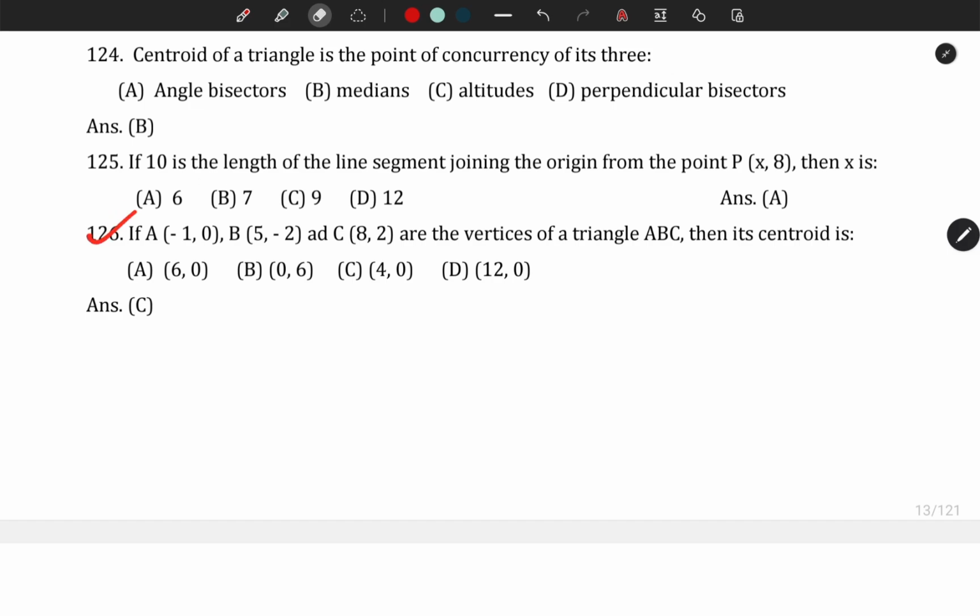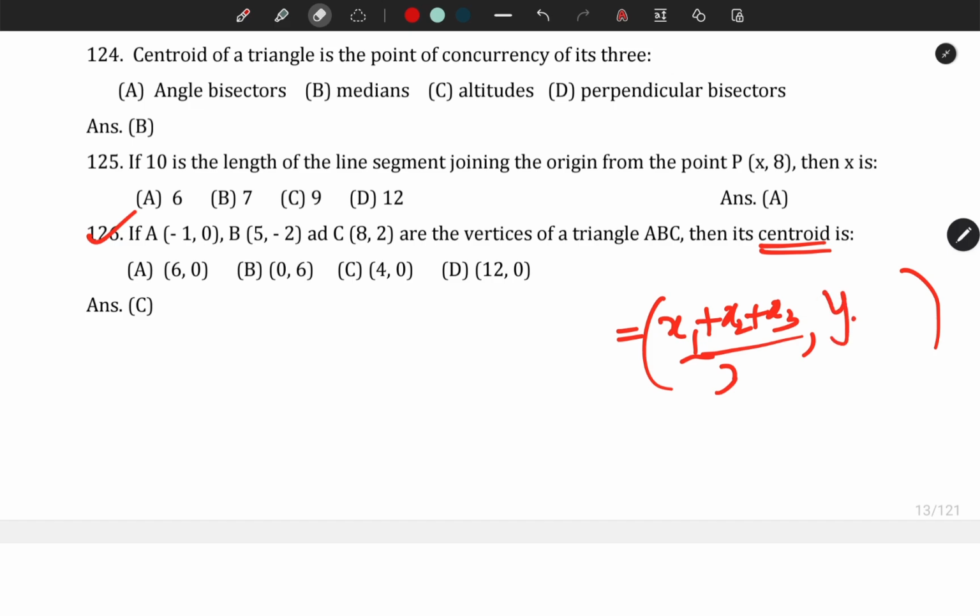Next question, you have to find the coordinates of centroid, and by centroid formula we get the coordinates of centroid by using this one: x1 plus x2 plus x3 divided by 3 comma y1 plus y2 plus y3 divided by 3.